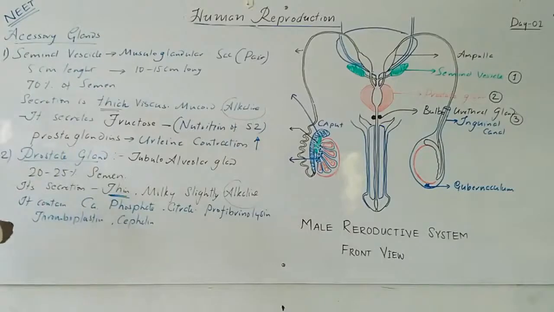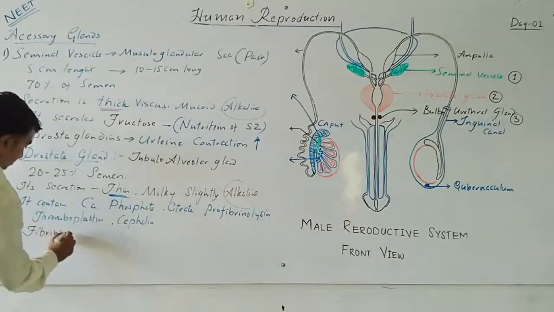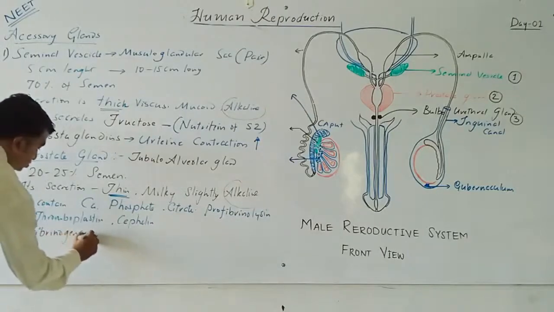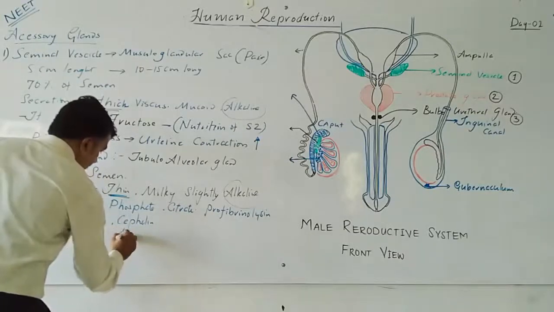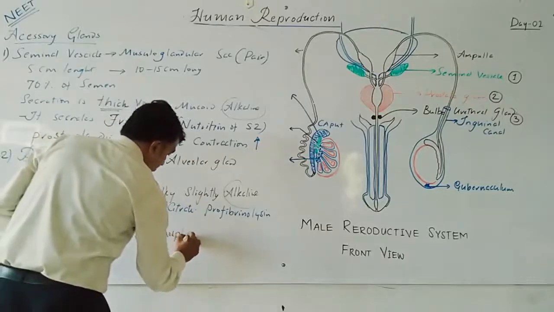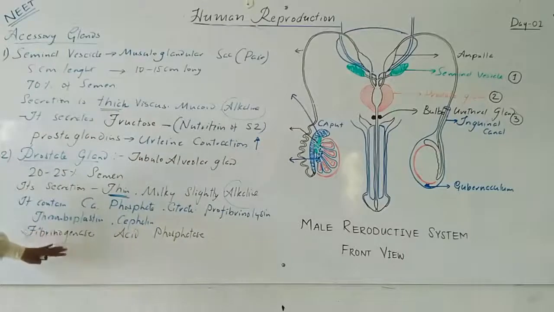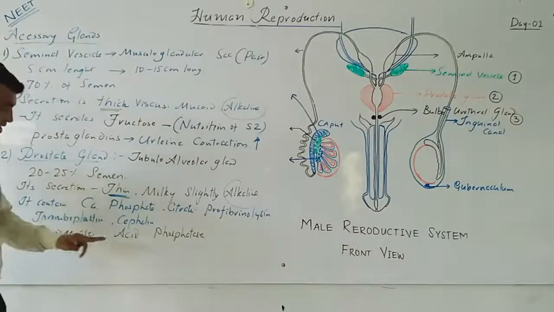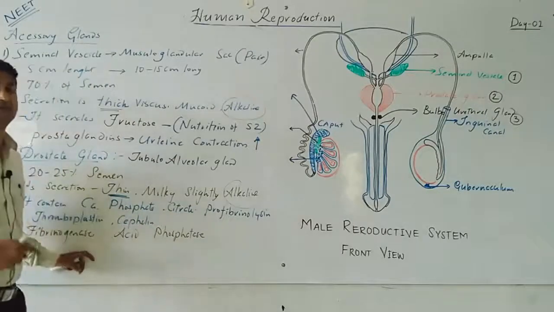Apart from this, it produces the major enzymes fibrinogenase and acid phosphatase. The concentration of these will decide the activity of the prostate gland.